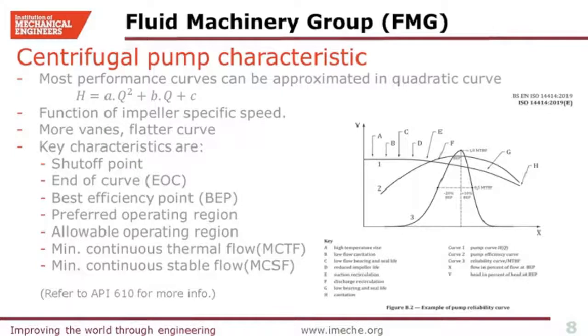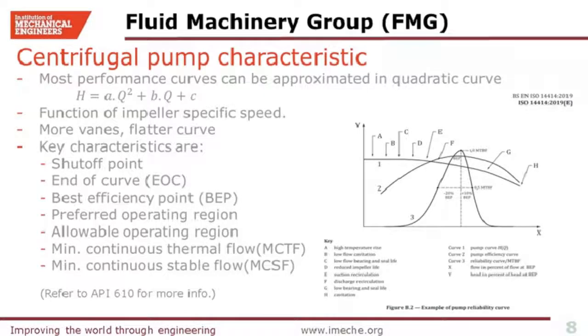The curve shape for a given centrifugal pump is mainly a function of the impeller specific speed. The lower the specific speed of the impeller, the flatter the curve. In other words, high head, low flow pumps will have flatter curves than high capacity, low head pumps. The curve is also a function of the number of vanes. More vanes means a flatter curve.